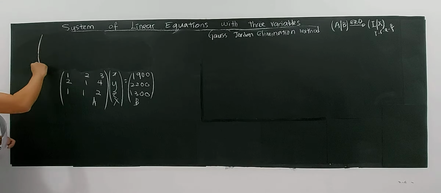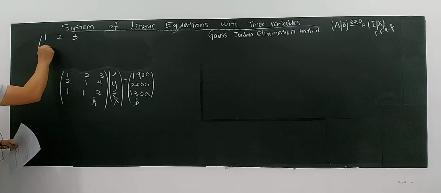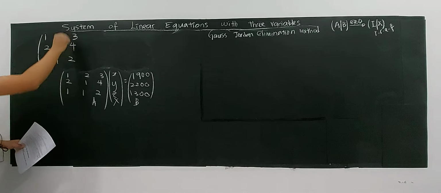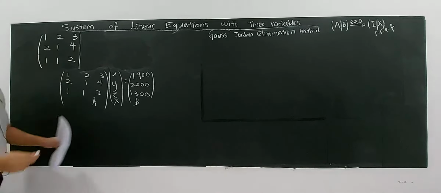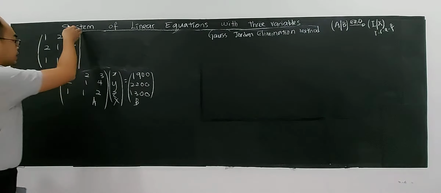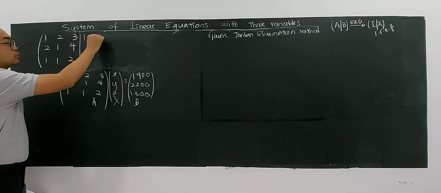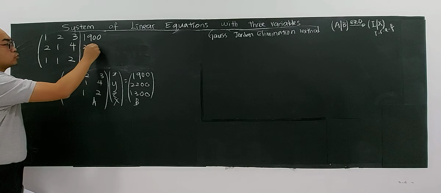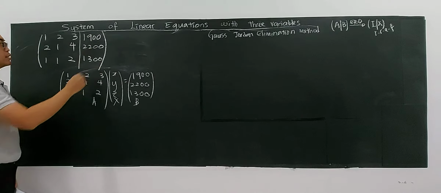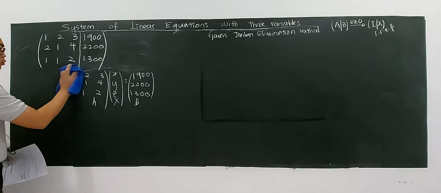You have 1, 2, 3; 2, 1, 4; 1, 1, 2. You write it in the augmented matrix form, where there is a line here, and you put 1900, 2200, and 1300 before you perform the ERO.